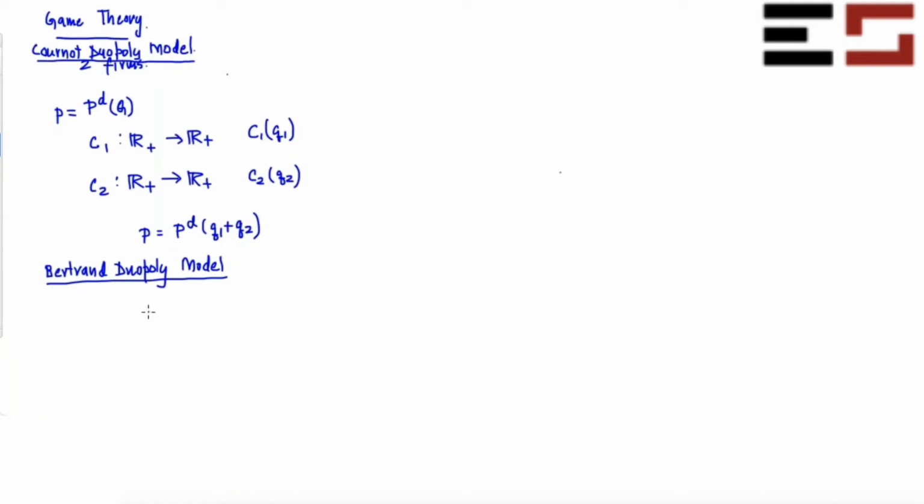So if one firm chooses price 1.5 and the other chooses price 1.7, then the firm that chooses 1.5 will cater to the entire market, and the firm that chooses 1.7 doesn't get to sell any quantity. That's the kind of problem we have in the Bertrand duopoly model. So we have all these kinds of situations.